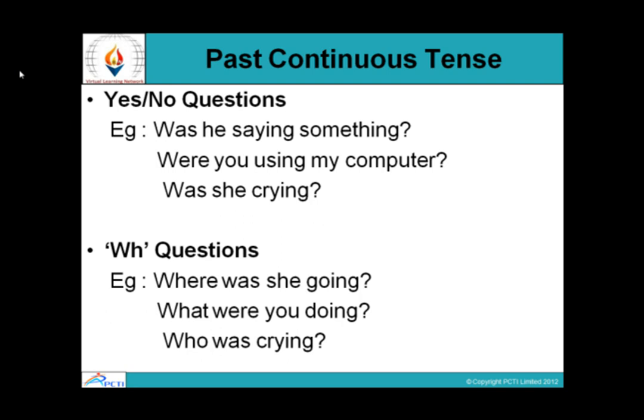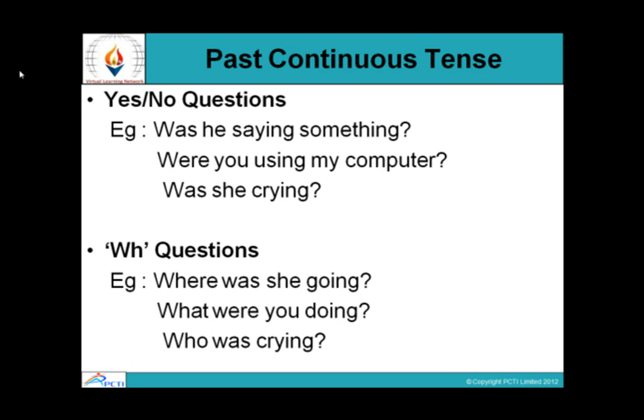The question will start with a WH word, what, where, why, when, followed by a helping verb. In this case, was or were, because this happens to be past continuous tense, and was and were are the helping verbs used to indicate past continuous tense. And then the subject and then the main verb with ing.